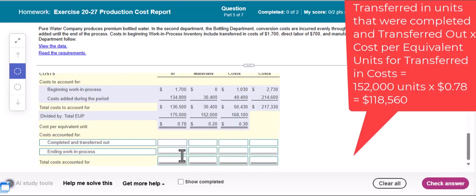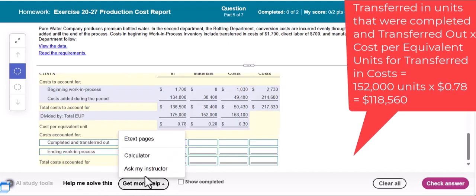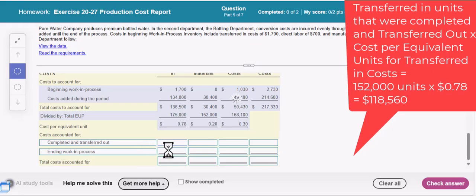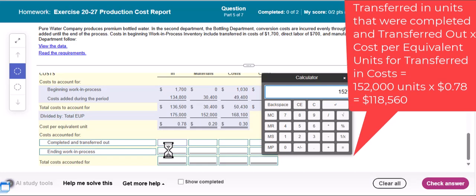Get our calculator out. That's 152,000 times 0.78, and that is going to give us 118,560. We'll enter that answer here for the completed and transferred out costs for transferred in.